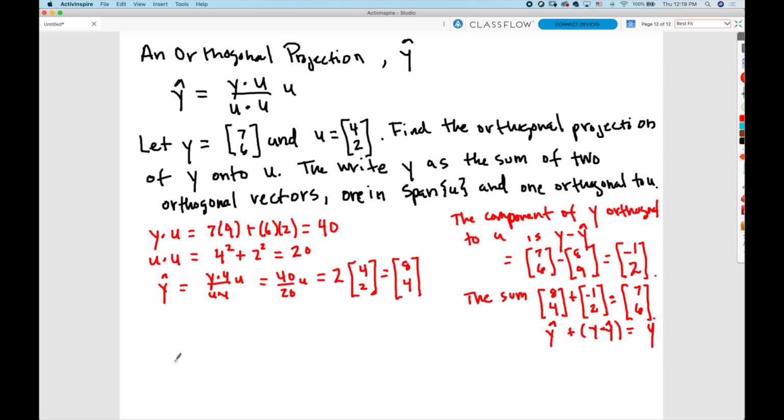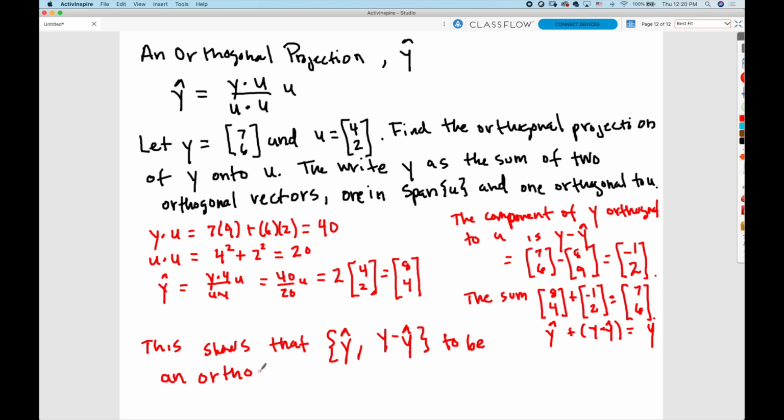So this shows that the set y tilde and y minus y tilde is an orthogonal set. Okay, and so we can check this to make sure it's equal to 0.